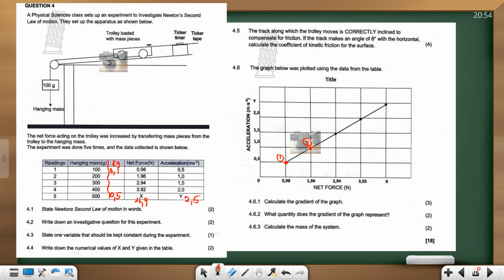All right, y2 minus y1 over x2 minus x1.